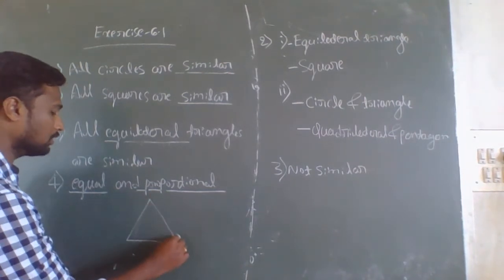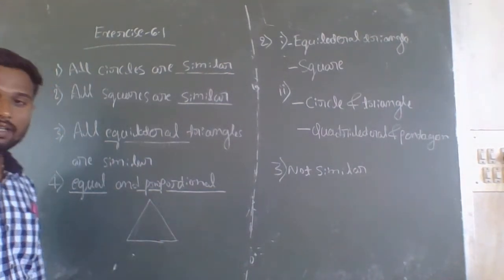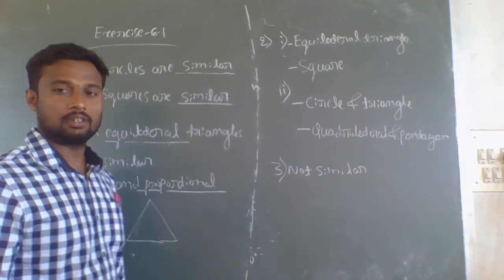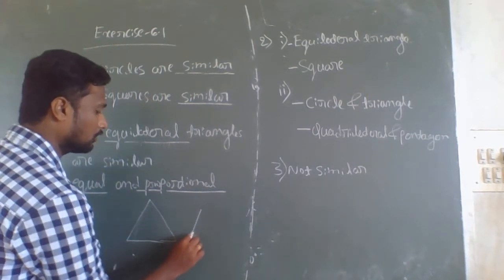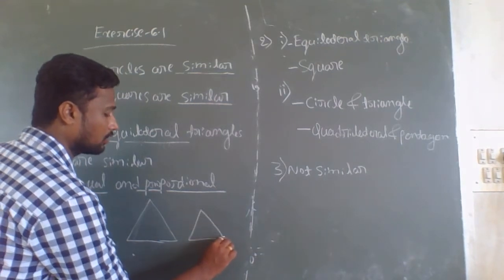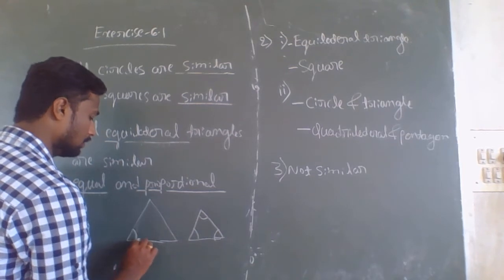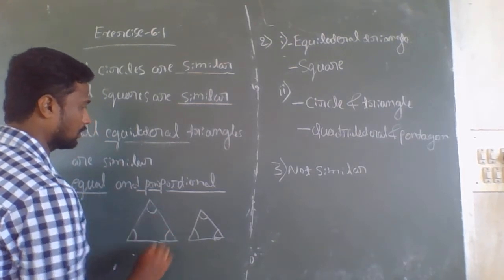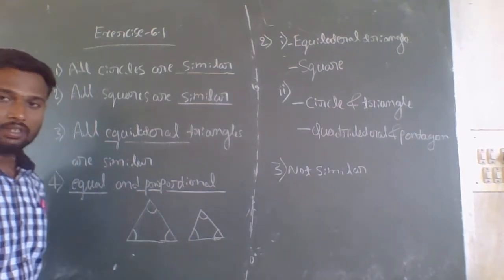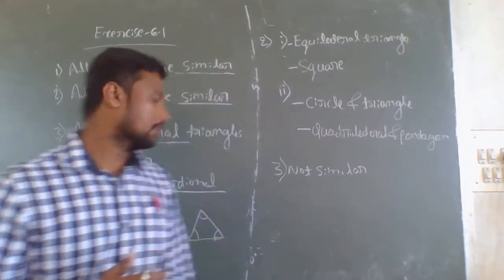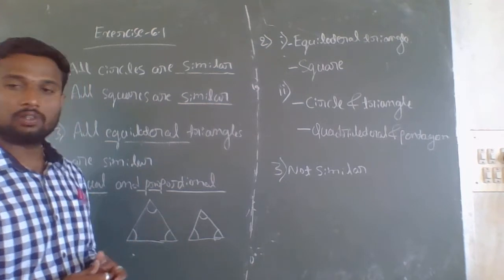Equilateral triangles means all the sides and all the angles are equal to each other. Therefore, in an equilateral triangle, all the angles are equal to how much? 60 degrees only. Always it will be 60 degrees. Because in an equilateral triangle all the angles are equal to each other and all the sides are also equal to each other.